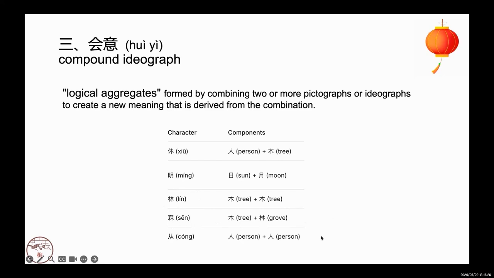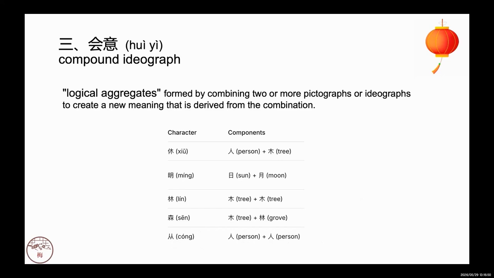So the last one, 从, we can see it's a combination of both person, right? Person and person. Or you can think like this, one person follows another person. That's the meaning of this word. 从 means to follow another one.